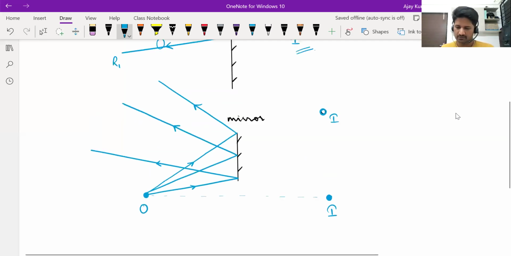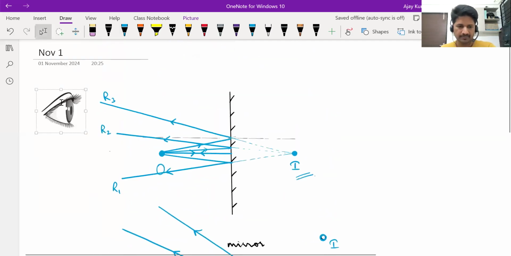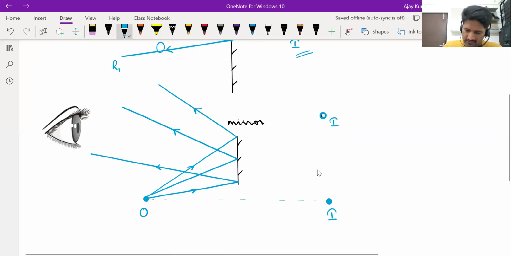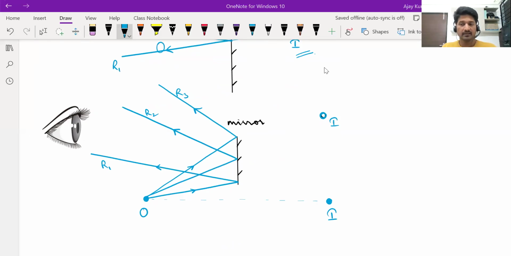Okay. So if we now imagine an observer somewhere here, observer could be anywhere in front of the mirror. Rays entering the observer's eye, these reflected rays, R1, R2, R3, in between them also there are infinite other rays. Some rays will definitely enter into the observer's eye. Where will those rays appear to be coming from?